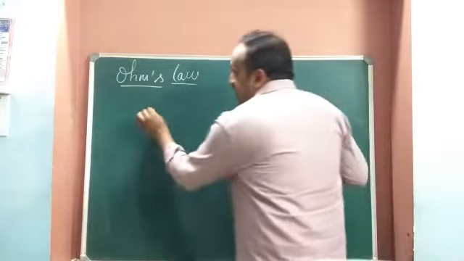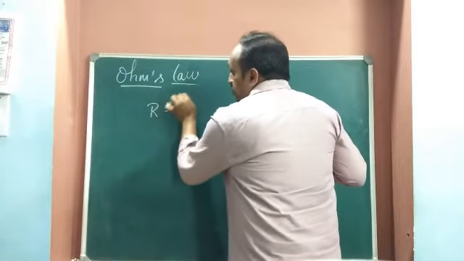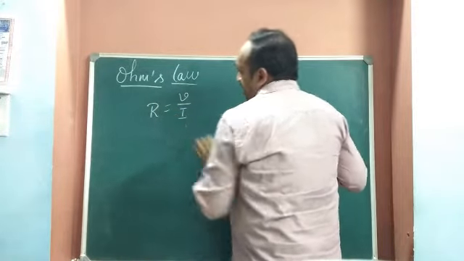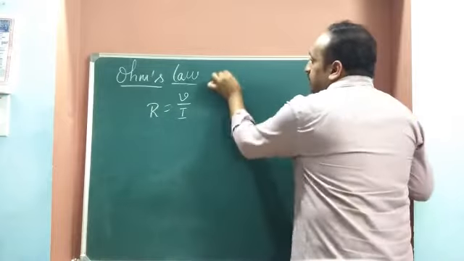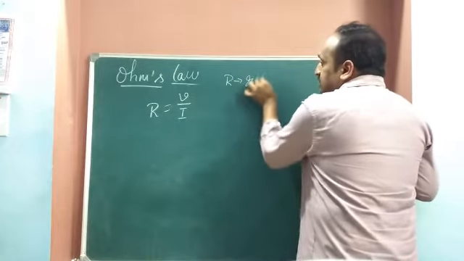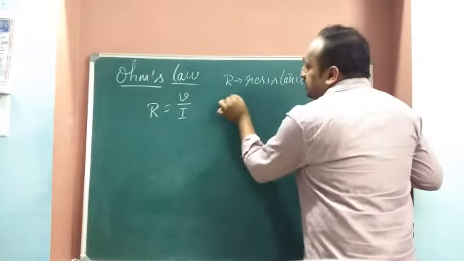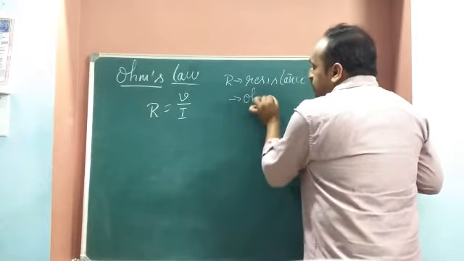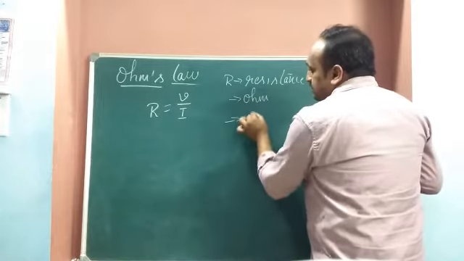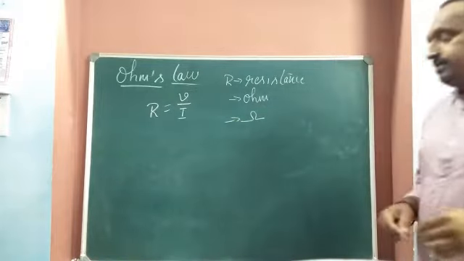So we have the equation R is equal to V by I. So R is the resistance and the unit of resistance is ohm and the symbol is this one.